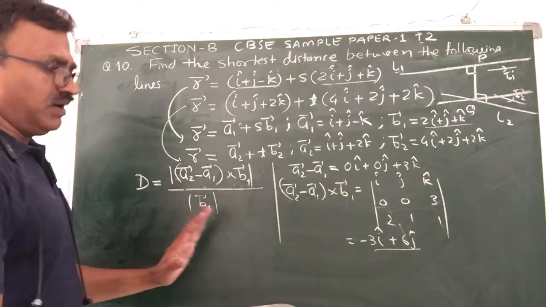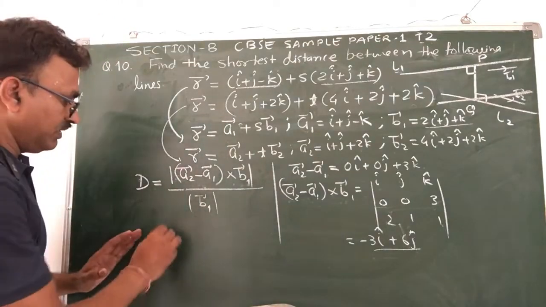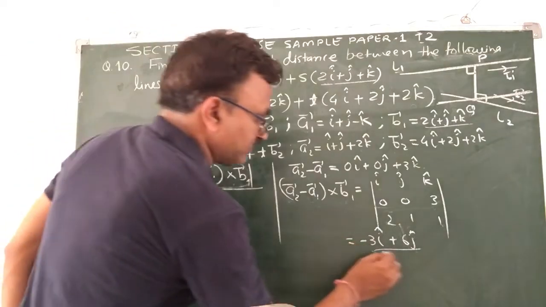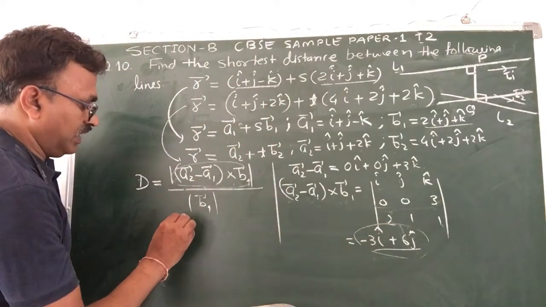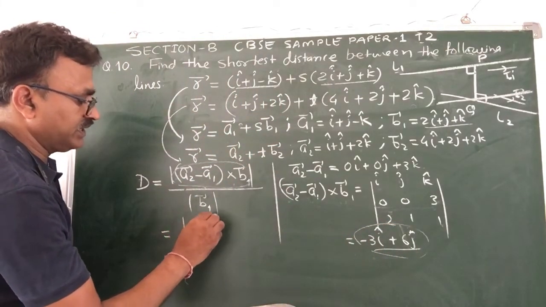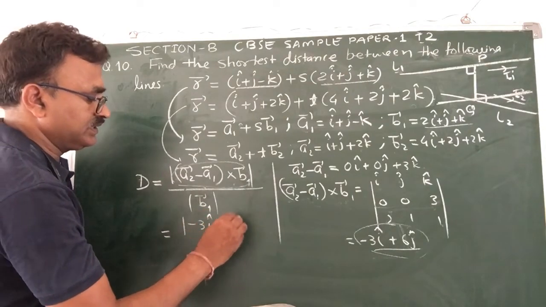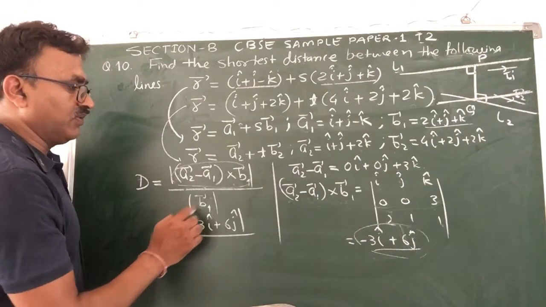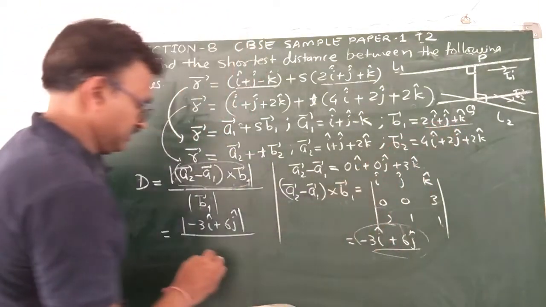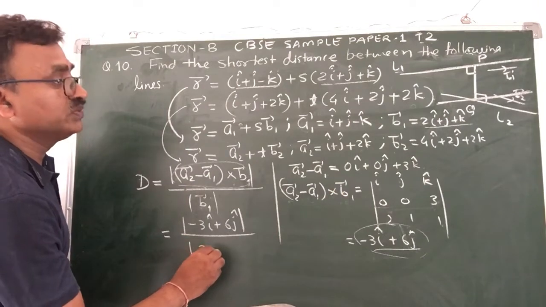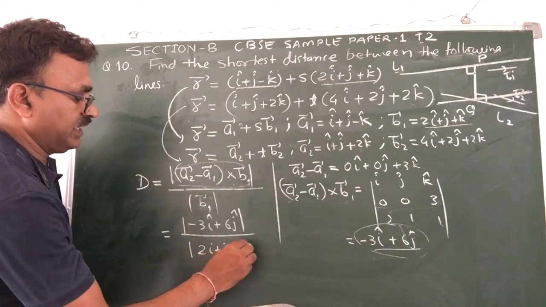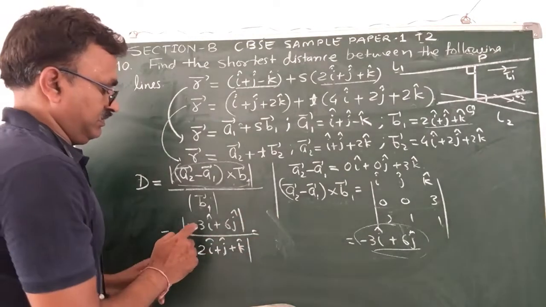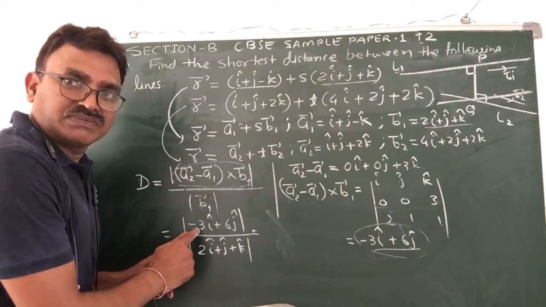Now our answer will be ready in 1 minute. The answer is modulus of (minus 3i cap plus 6j cap) divided by modulus of b1 vector, which is modulus of 2i plus j plus k. Simplifying, modulus of a vector is the square root of a square plus b square plus c square.